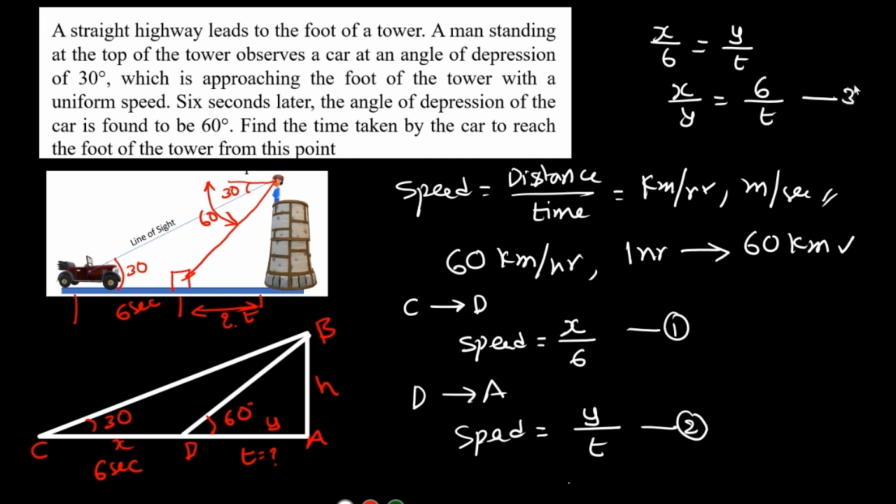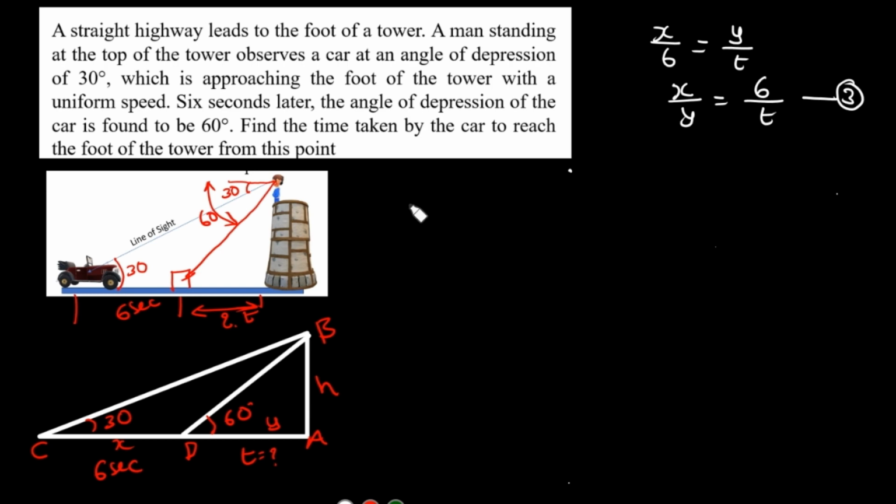Let's take this as the third equation. Now let's take the trigonometric ratios from the two different triangles. Let's take the first triangle, ABC. If you write tan 30 from this triangle, tan 30 is the opposite side by the adjacent side.